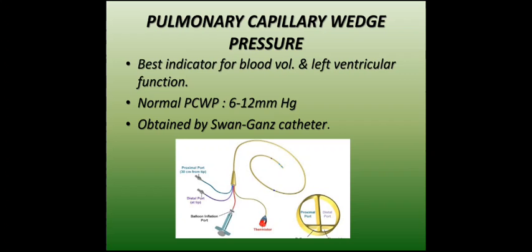It provides three types of information: flow in the cardiovascular system, accurate measurements of blood gases in mixed venous blood, and filling pressures of both right and left ventricle, the left side of the heart, can also be estimated through Swan-Ganz catheter. So most important here are the normal range, the diagrammatic picture, and that it is introduced through the right internal jugular vein.